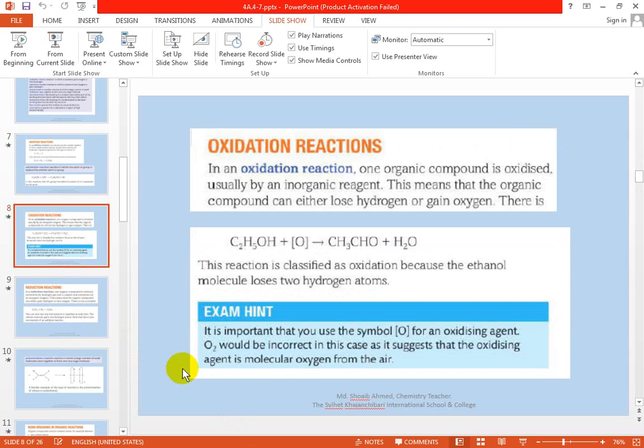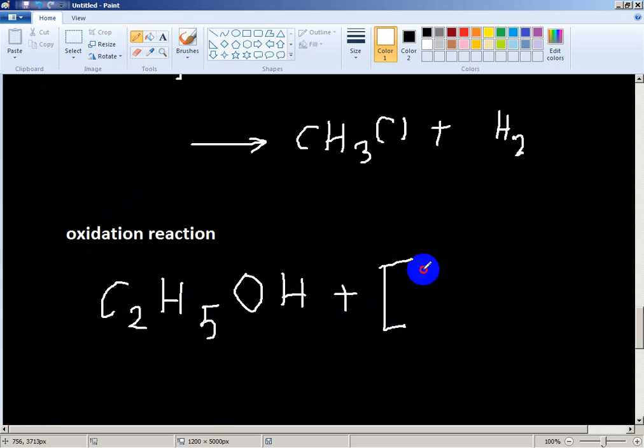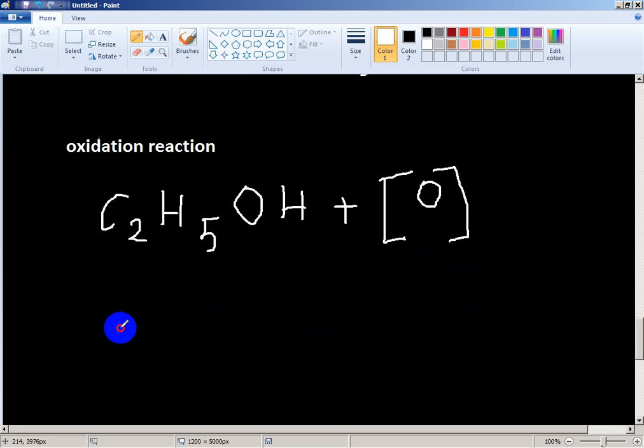C2H5 oxygen. This is [O], the oxidizing agent.